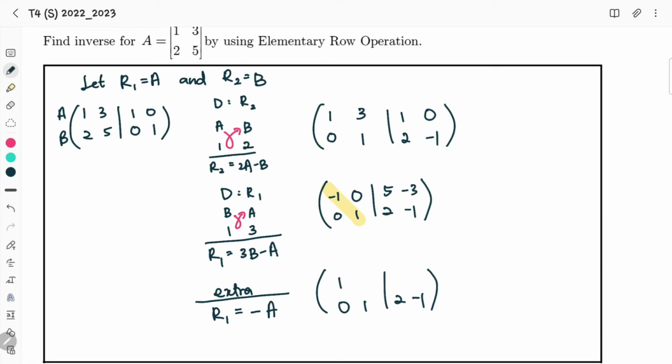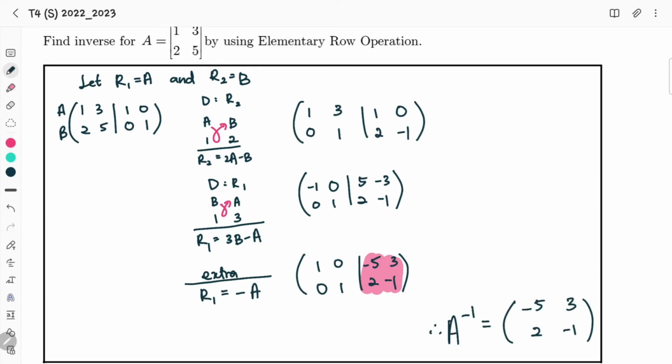You'll get 1, 0, negative 5, and 3. There you have your inverse for A.